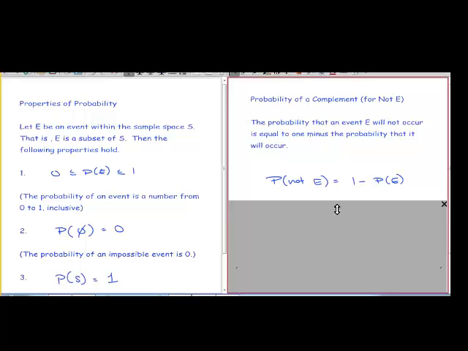When we did counting, we said the total number of ways of something not happening is equal to the total number of ways minus the total number of ways of something happening. In probability, we just say the probability of an event not happening is equal to 1 minus the probability of the event happening. And again, it's all because probability deals with things either happening or not happening.